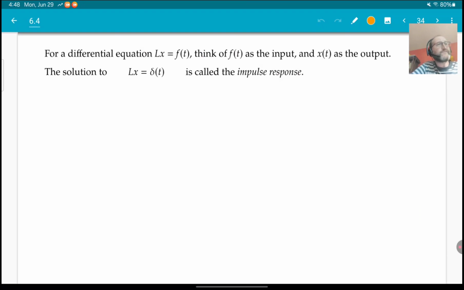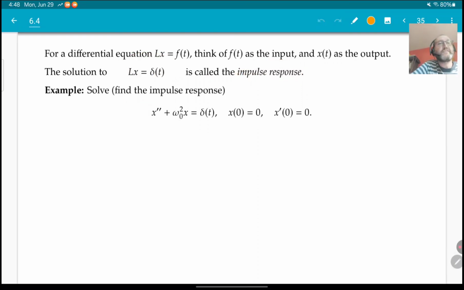We just need to really figure out the so-called impulse response. So we're gonna look at what it does if we poke it, right? And the simplest sort of poke is the delta function, right? So we're gonna solve this differential equation, and that's gonna be the impulse response, right? And as far as the initial conditions, we're just gonna set them to 0, right?